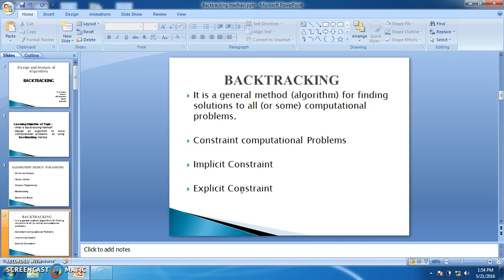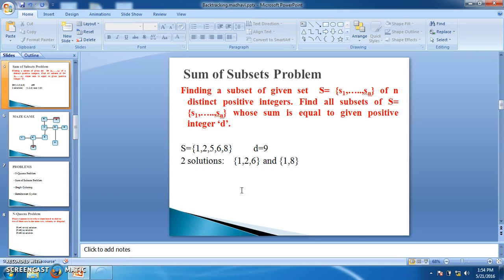Let us have one example to know exactly what implicit and explicit constraints are. Let us take the sum of subsets problem. Finding a subset of a given set S, that is S equal to S1 to Sn, of n distinct positive integers, so that we find all subsets of set S whose sum is equal to a given positive integer d.